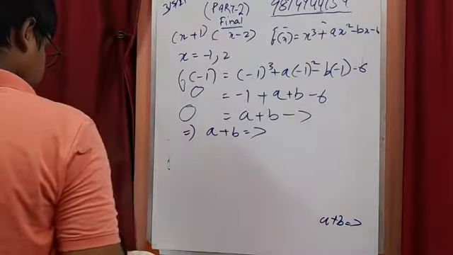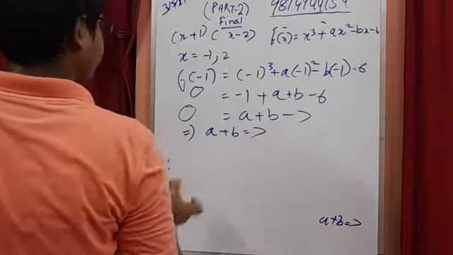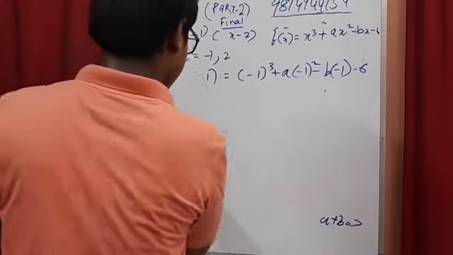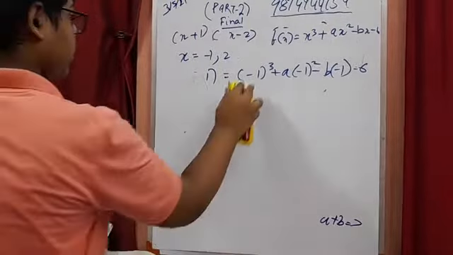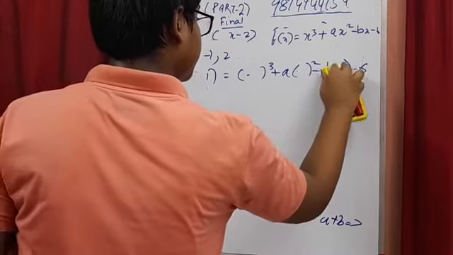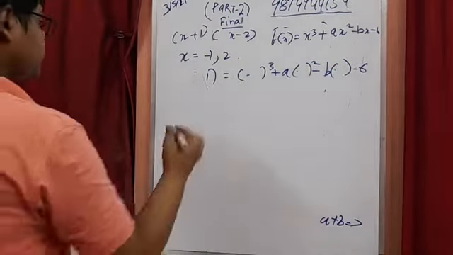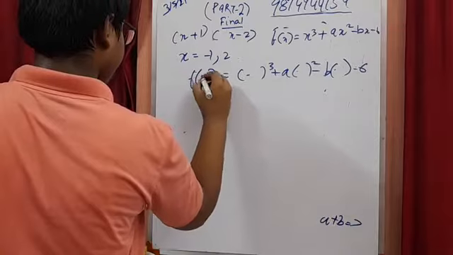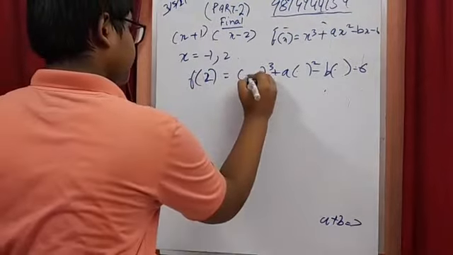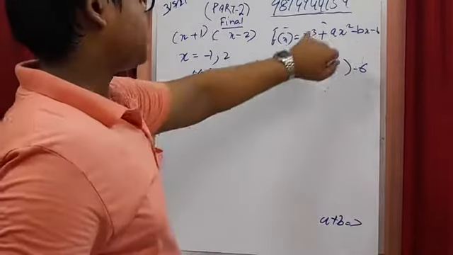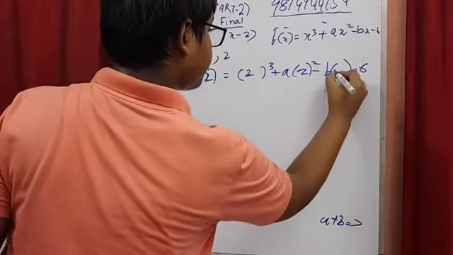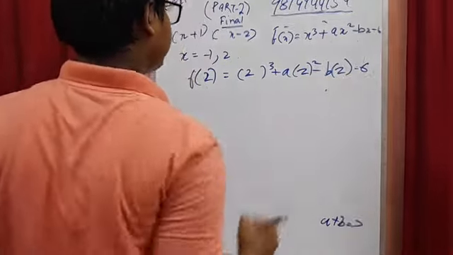Now we will do the second part of this. Use the same space again. f of 2 is equal to 2 cube plus a into 2 square minus b into 2 minus 6.